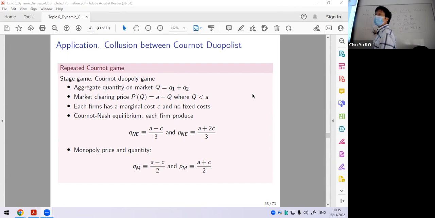This is the monopoly, and we know this is (A minus C) over 3. This is the Nash equilibrium. This is the duopoly outcome. And this is the monopoly outcome. You can say this or this, right?